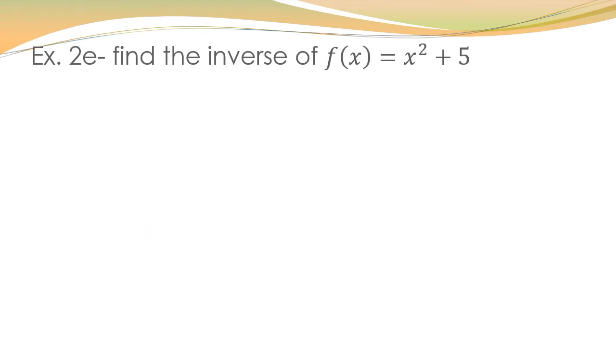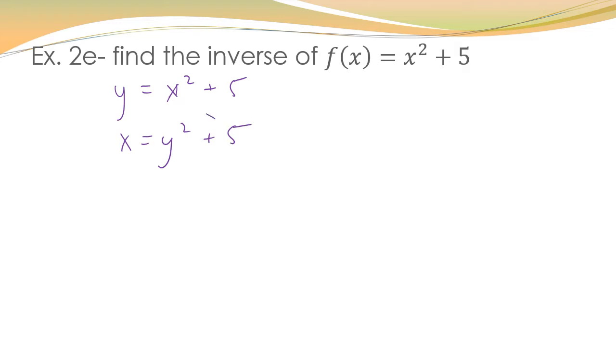Now we're moving on to quadratics. So we want to find the inverse of f of x. Same steps, y equals x squared plus 5. Swap x and y. And then isolate y.